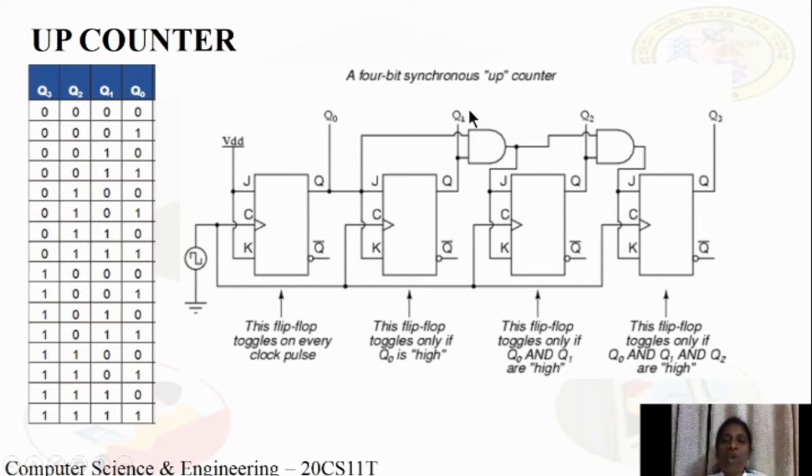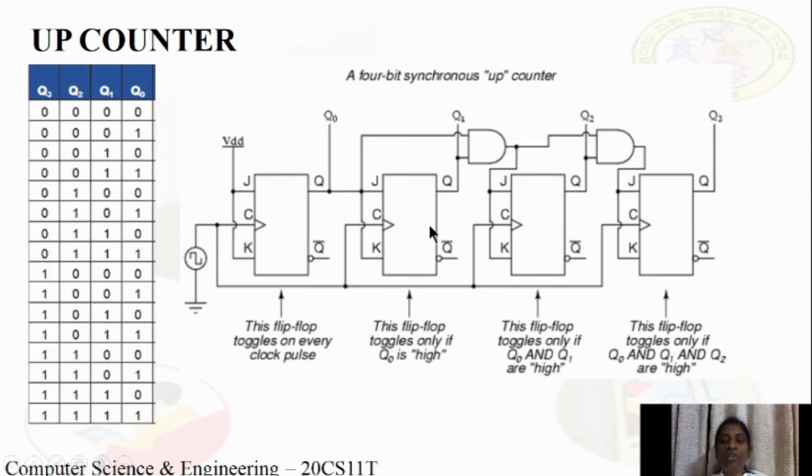Q1 is the output of the second flip-flop. The Q1 value should depend upon the Q0 value. Q1 toggles, changing 0 to 1 or 1 to 0, when the Q0 value is 1. So we can directly connect Q0 to the JK inputs of the second flip-flop.